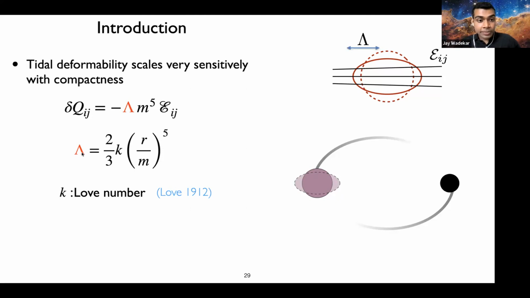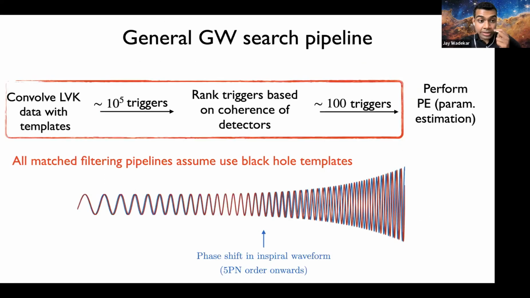Okay, so going back to some motivation for searching for objects with a high love number or tidal deformability. Earlier in the talk, I mentioned this search pipeline with templates. You can see that there was a massive reduction in the data as you go to the right.